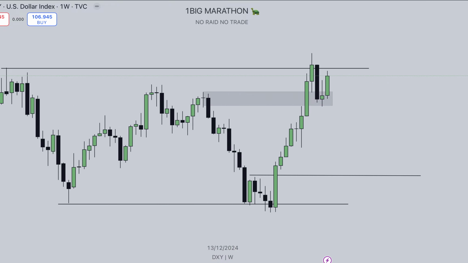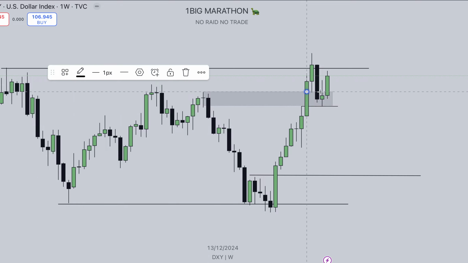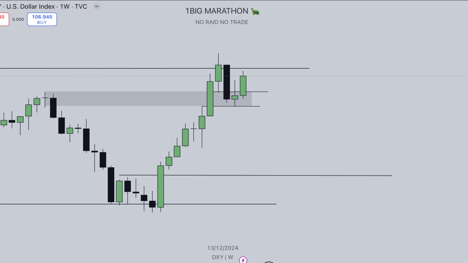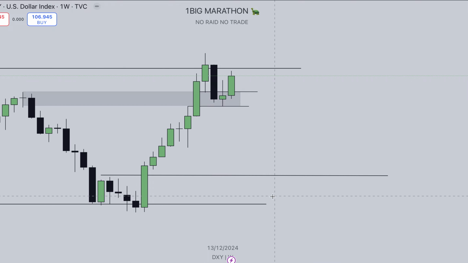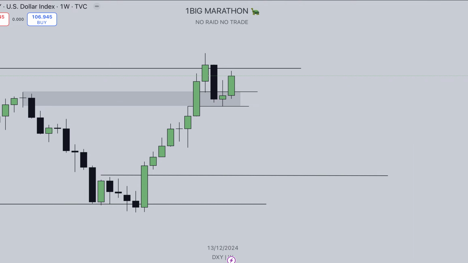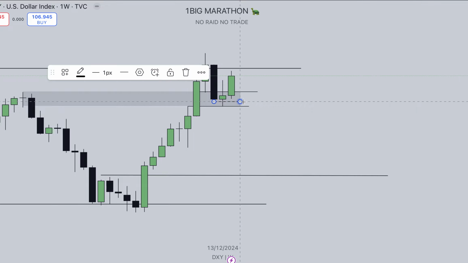So price collected that area with this huge fair value gap, and when price came back and tapped on that fair value gap, what we saw was the market closing with bullish strength, indicating that maybe there are signs of it going to the upside. So there was a fair value gap here, and when price tapped that fair value gap, we saw a good clean reaction. And because this was a fair value gap, this was the first pullback.